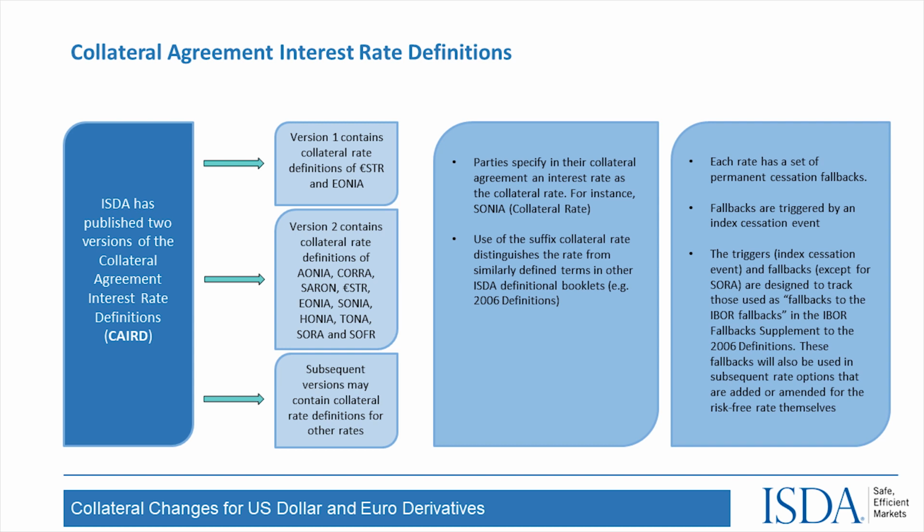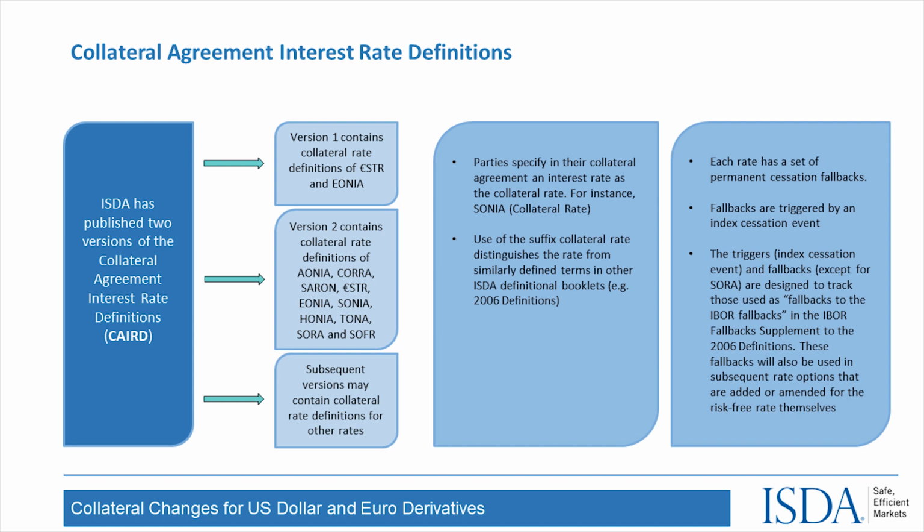So how do firms use these definitions? Well, first of all, firms will need to incorporate this booklet into their collateral agreement, for example, a credit support annex. And then they will specify the defined collateral rate as the interest rate in respect of cash collateral. For instance, if the parties have sterling cash collateral and they want a SONIA rate, then they specify SONIA (collateral rate).